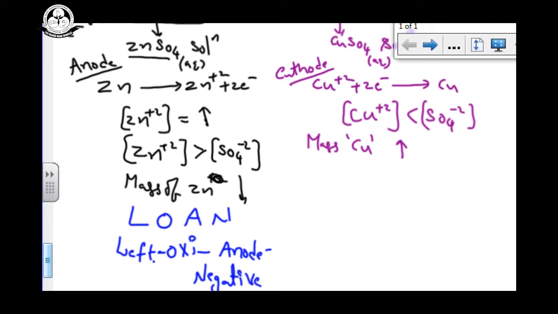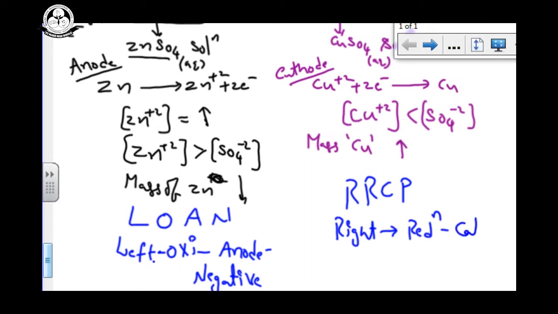LOAN means left hand side oxidation, anode negative. And this one we can memorize like RCP: right hand side reduction, cathode, and it's positive.